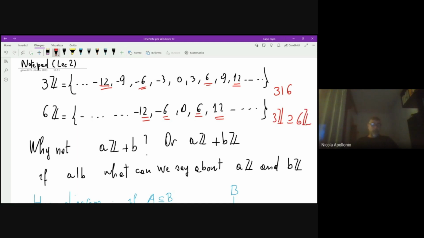Do you see why? The reason is quite straightforward, because every multiple of 6 is also a multiple of 3, of course. And you are saying exactly this, that if a divides b and b divides c, then a divides c. That's why.